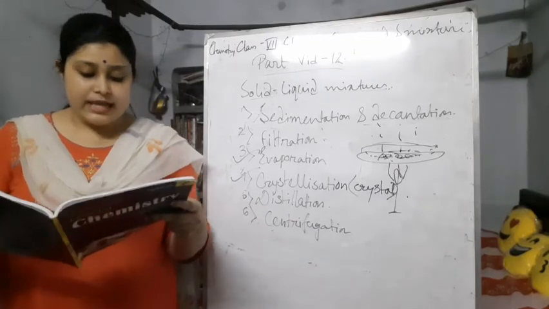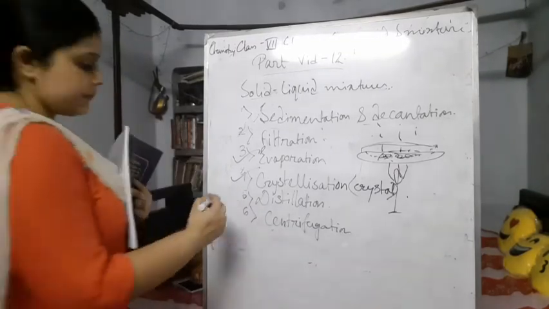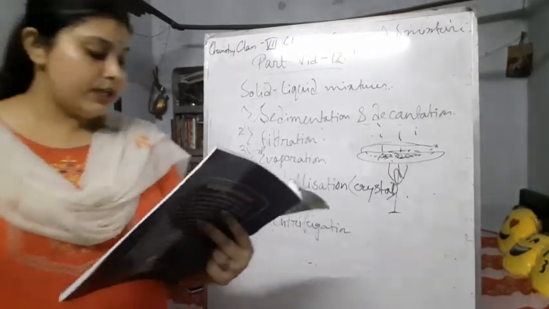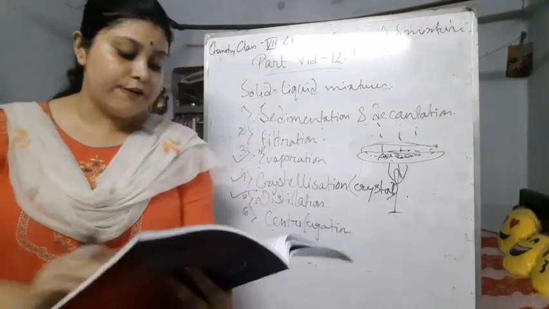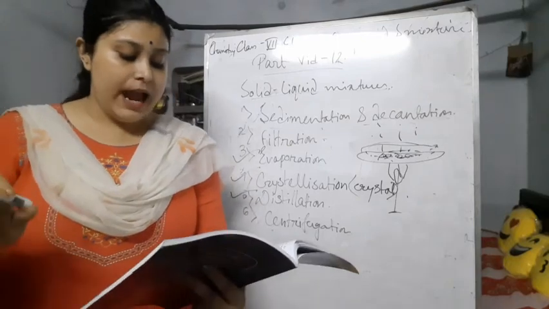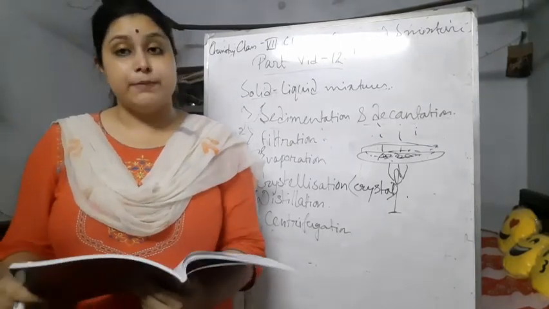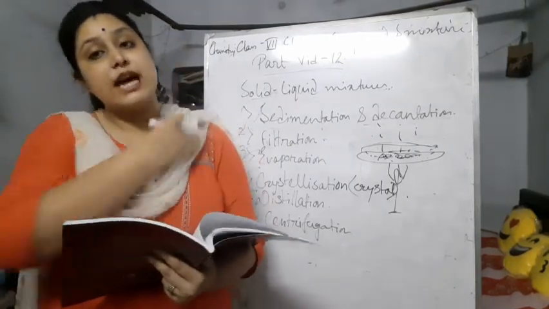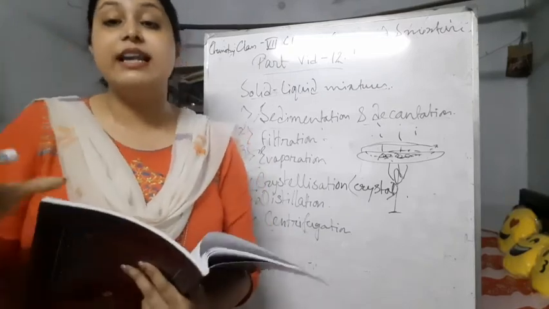Next, distillation. Distillation is the method of getting a pure liquid from a solution by evaporating and then condensing the vapors. First we have to evaporate, and then we have to condense the liquid.